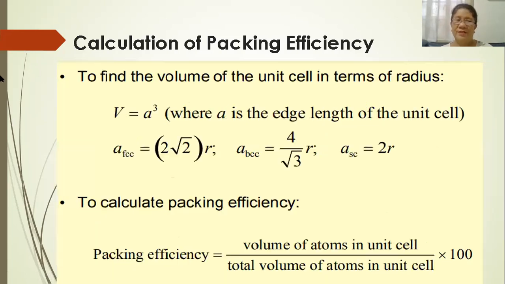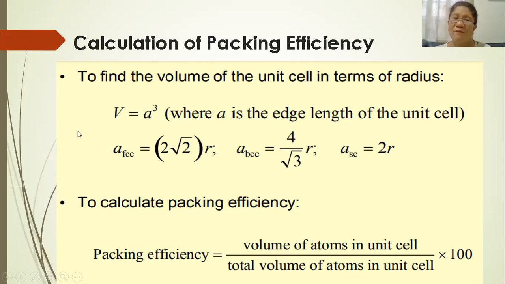Okay, so how are we going to calculate now the volume of each unit cell with the 3 structures? The volume is equal to, right? If it is in the form of a cube, the volume is a cubed. This a is the edge length of the unit cell. But you will have different computations for the edge.